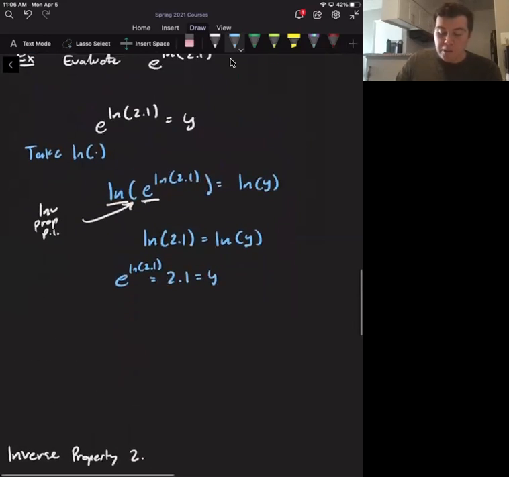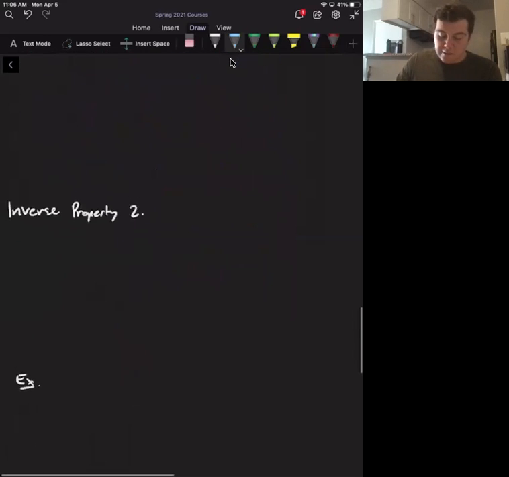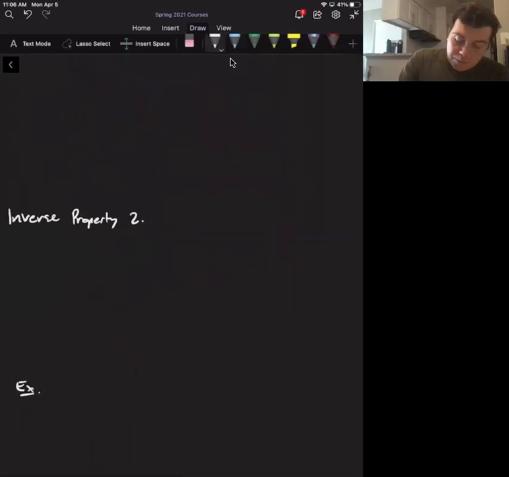And hopefully this will give us an idea of what the inverse property is. And that will be that a to the log base a of y is just y.